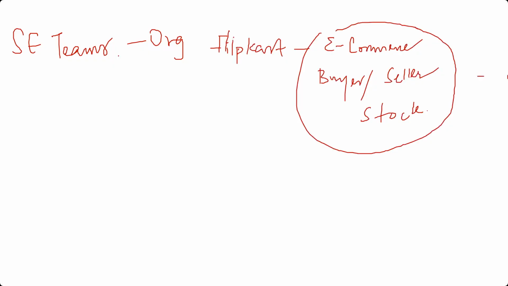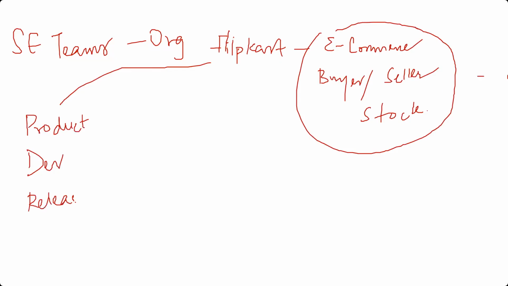Now, if you dissect the company, they have different teams. There is a product team and there are developer teams. There are teams who take care of release. Within the development team, you will have a QA team. There is an R&D team. There's a sales team, and within that, you have an accounting team.